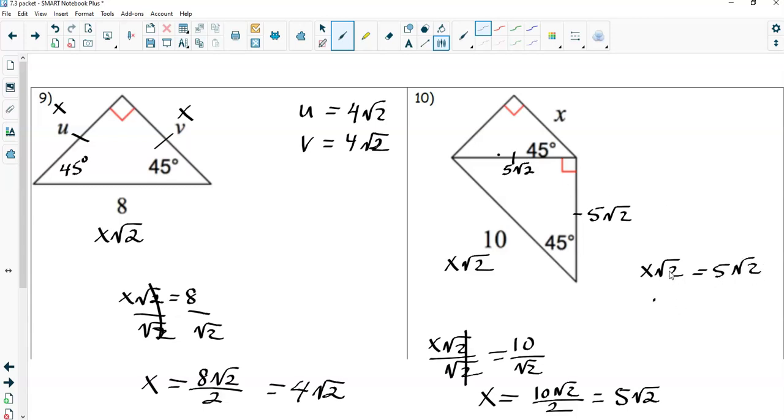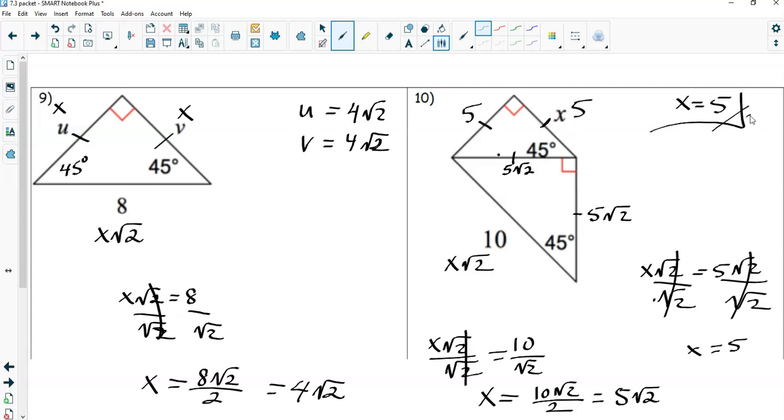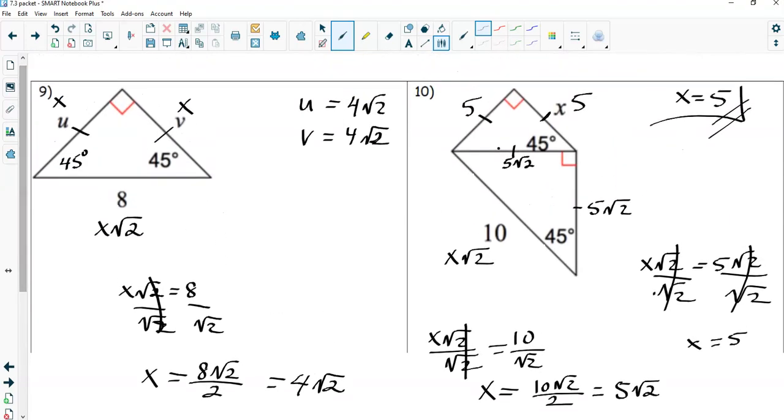And then go there and divide by the square root of 2 on both sides to solve for x. What's going to happen is that the square root of 2 cancels, so x equals 5. So this x right here, or this leg, they're both 5. So therefore, that's my answer. See? Let's see, are there any more?